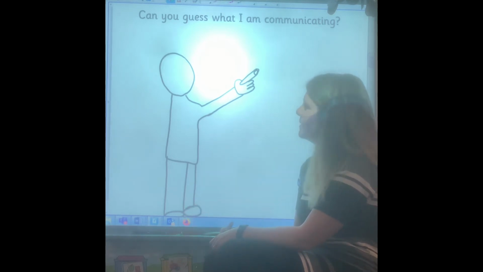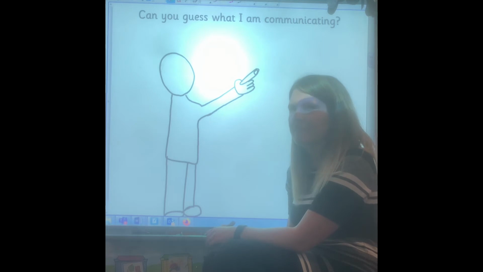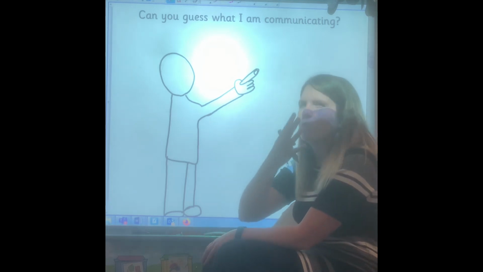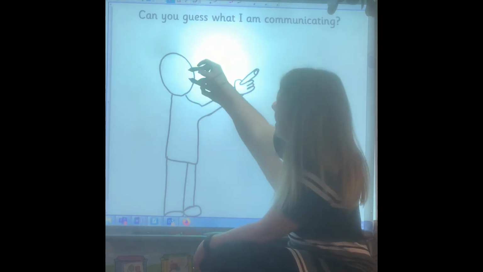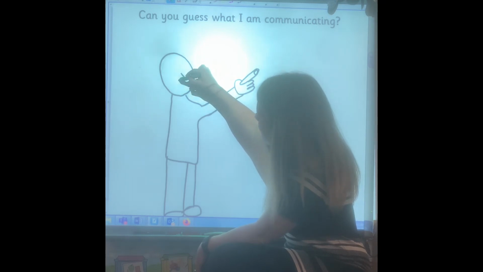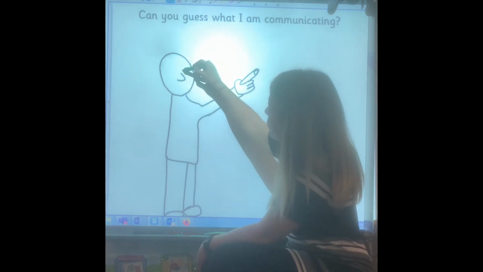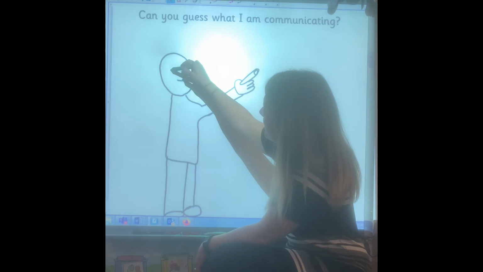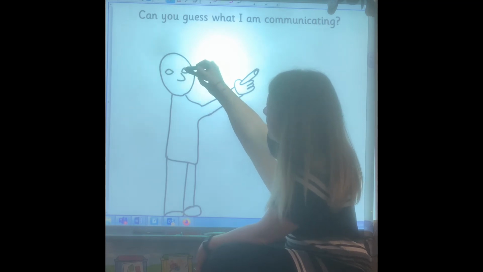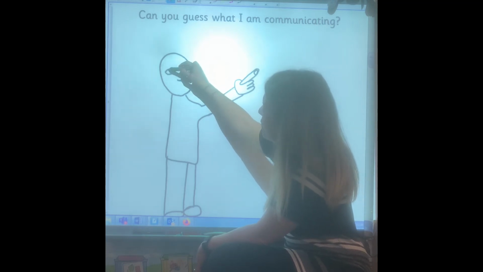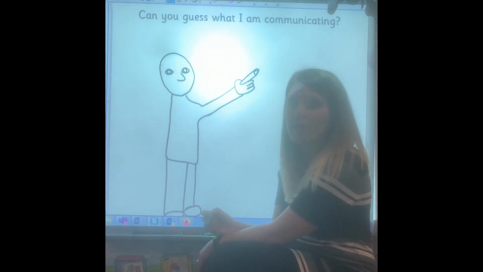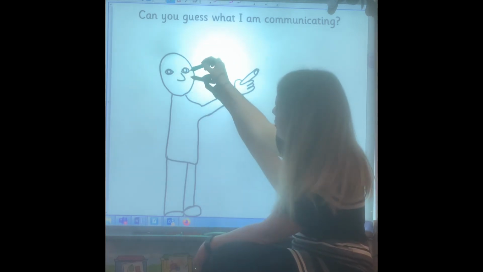Still not enough, is it? I think my face is missing some important details. What do we need on our face? I'll need to have a nose and two eyes. And of course, inside our eyes, we know we've got a part that shows us what colour our eyes are, and the black pupils in the middle too.